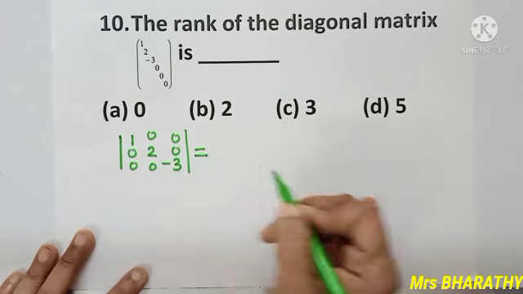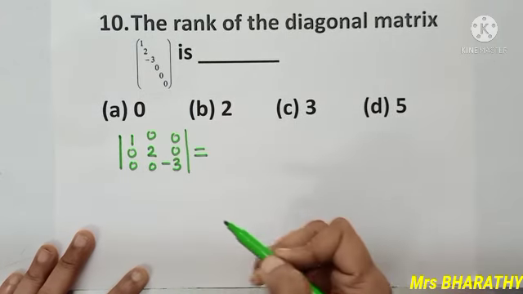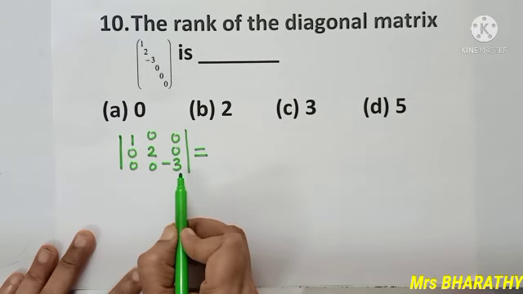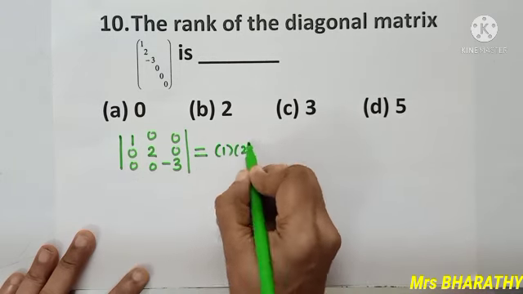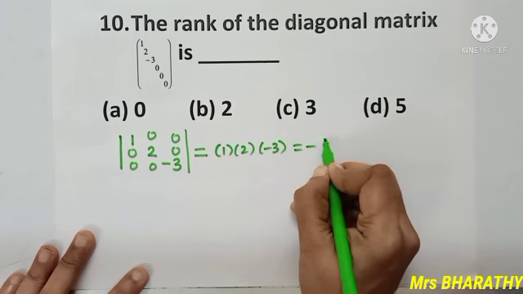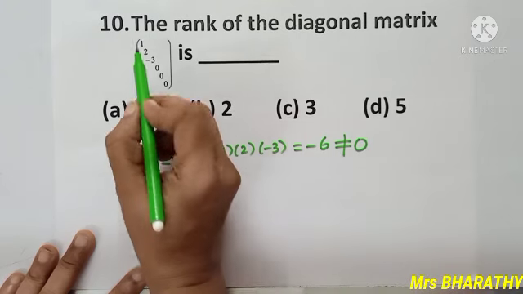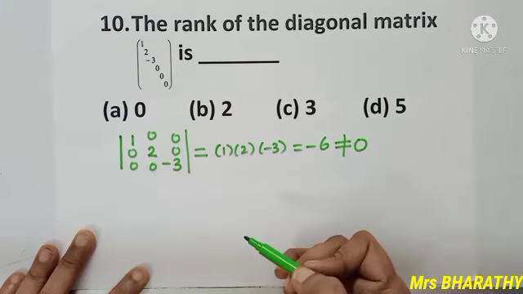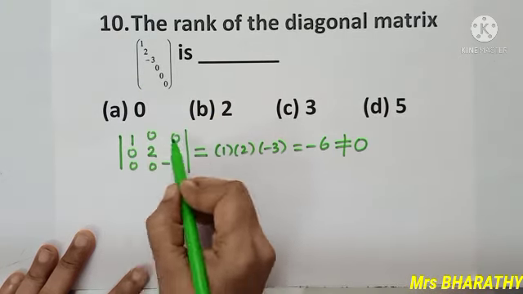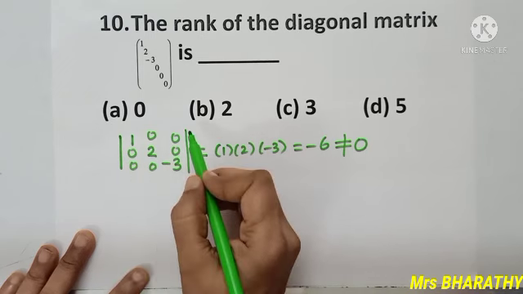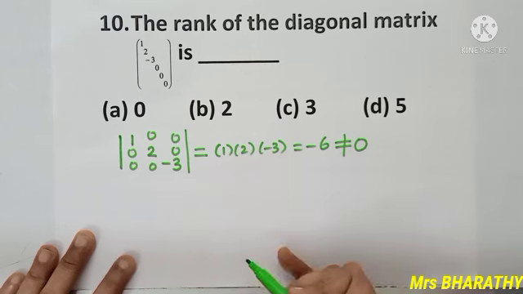When I expand, it is a diagonal matrix. Expansion tells me multiply it diagonally. 1 into 2 into minus 3. My answer is minus 6, which is not equal to 0. So there are 3 non-zero elements. With that, I created the diagonal matrix, for which I found out the minor.